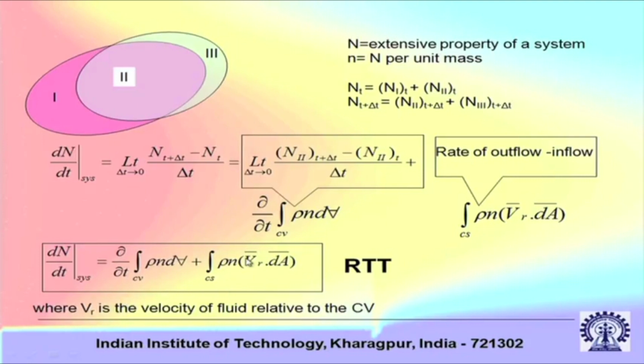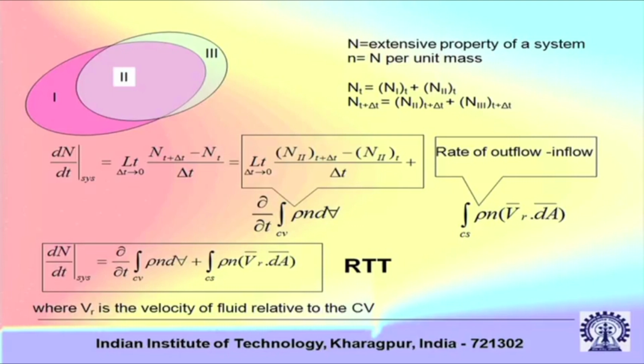This correction term is because of outflow minus inflow. If there is no flow taking place across the control volume, of course the control volume is as good as a control mass system, and there is no difference or no change taking place across the control volume.